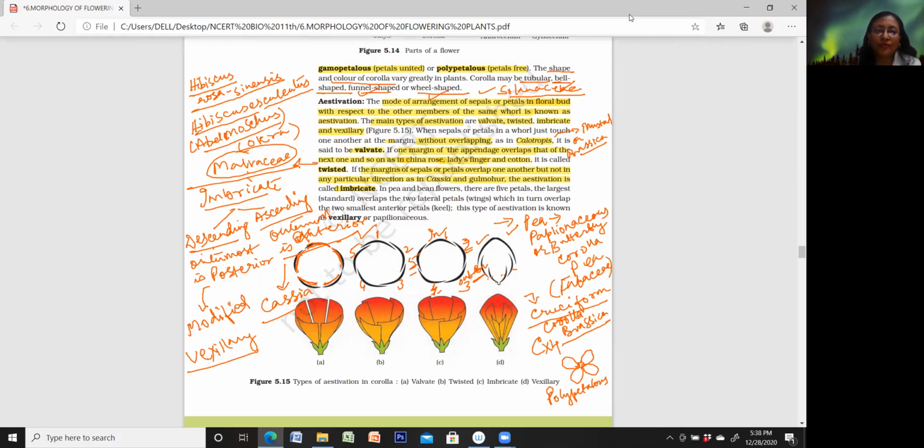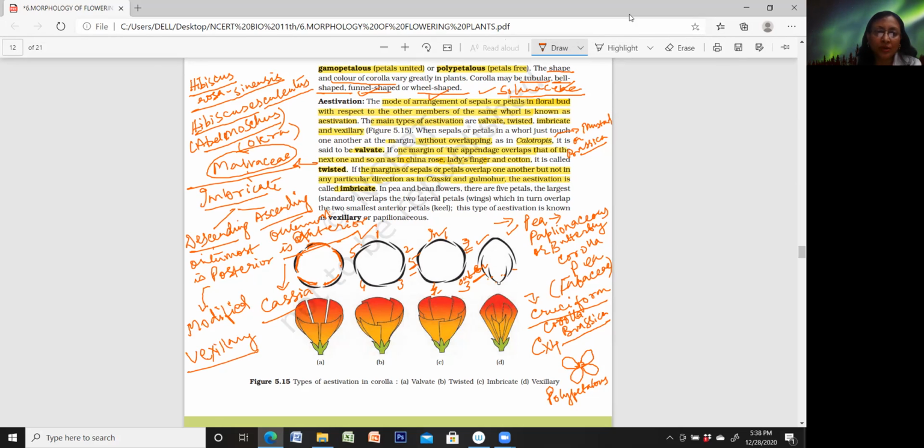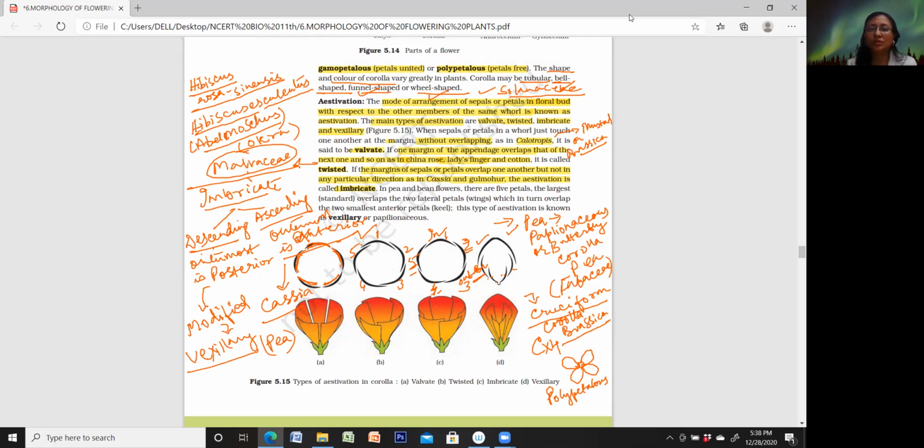It's not that it has modified everywhere, but we have to discuss only pea, and the pea has modified and formed the vexillary aestivation. Though there can be examples of descending imbricate also.